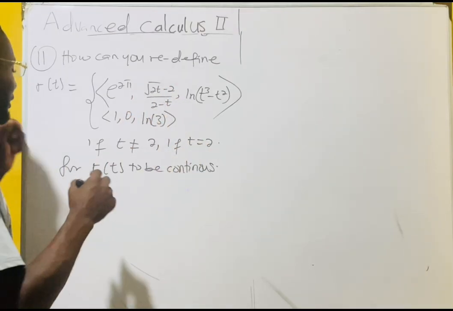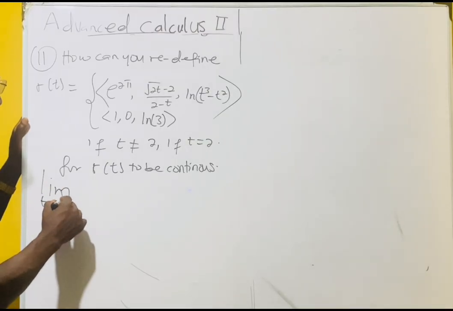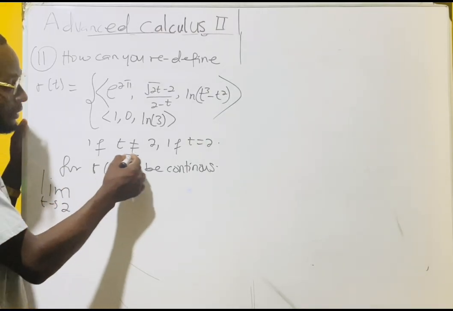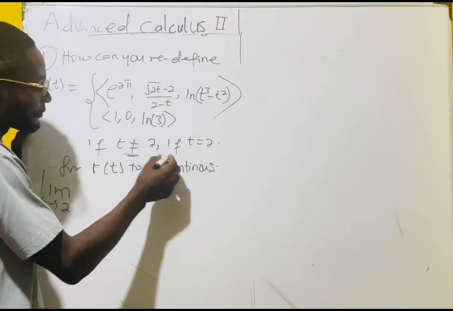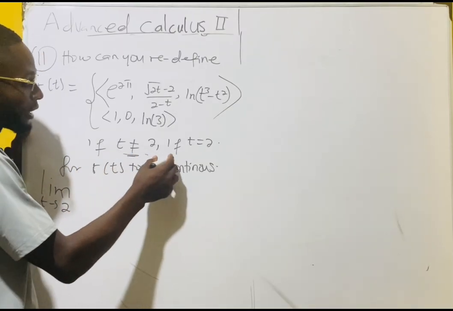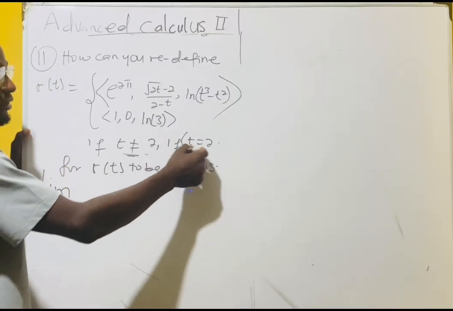So this means that when we take limit as t approaches 2, they said t should not be equal to 2 if t is not equal to 2, and also if t is equal to what? 2.